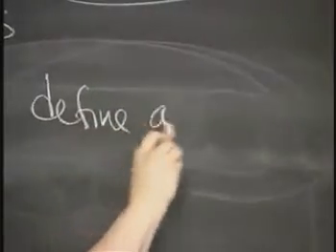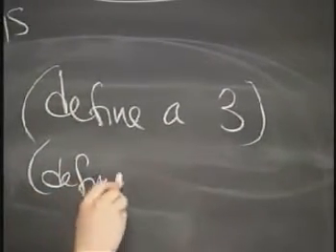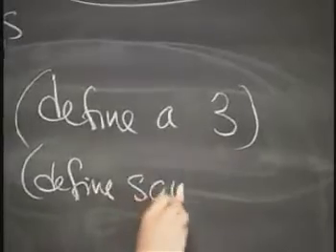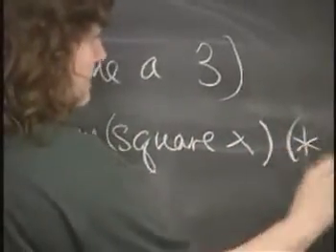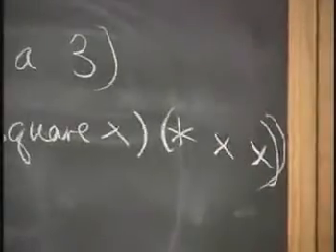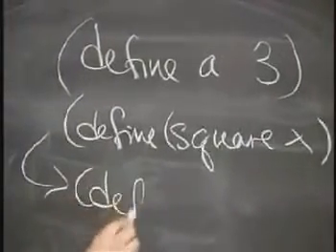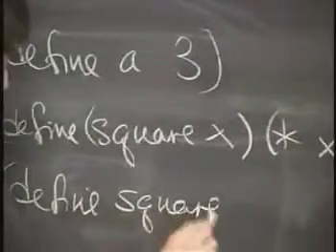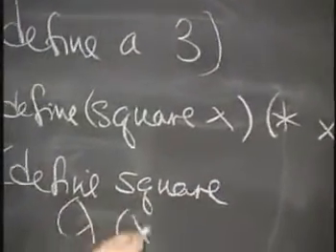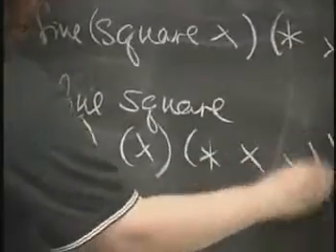One is that we can say define a variable to be some value, but we've also defined procedures, like square of x to be times x x. Well, remember, this is just sugar for define square lambda x times x x.